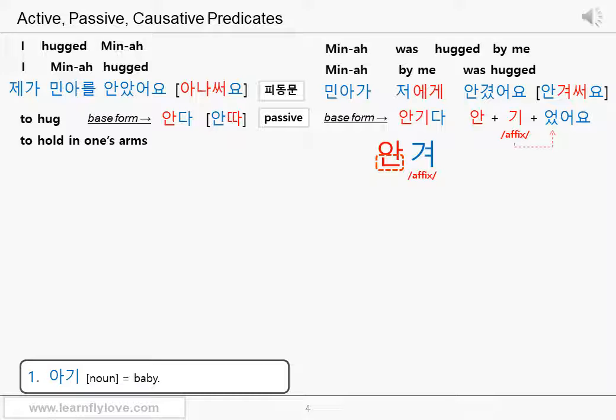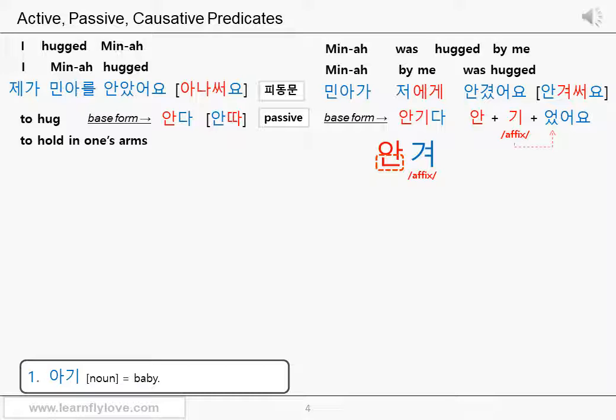But when you want to say you hugged someone, you just use the active. There's no reason for us to use the passive form to say that I hugged someone. But this Korean passive verb 안기다 is used a lot in Korean because it can mean that someone actually comes into your arms so that you put your arms around to embrace, okay?